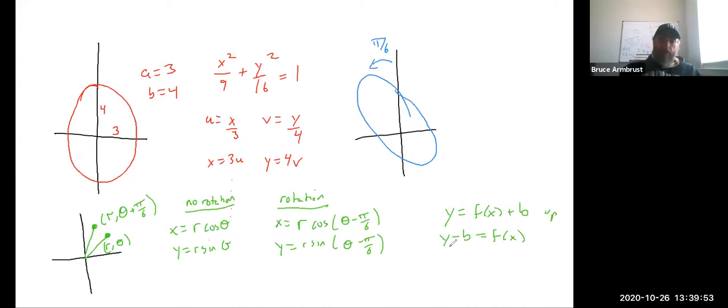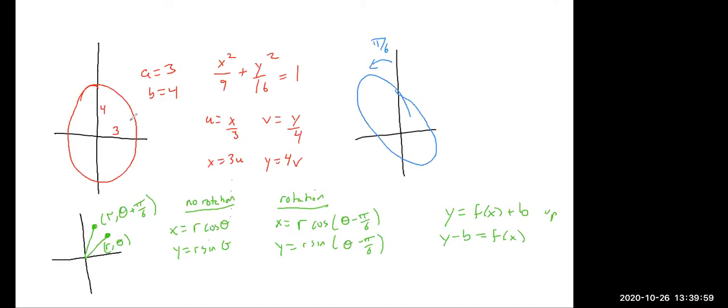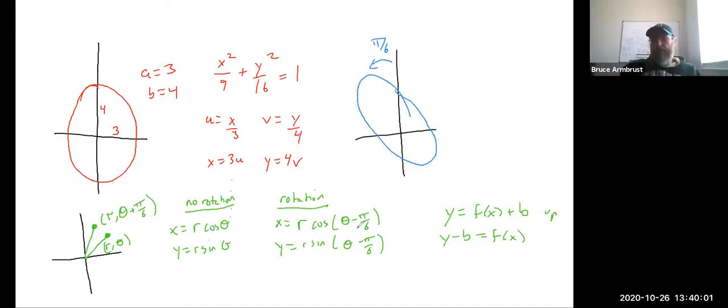It's always the opposite of what you're trying to do. It feels wrong. But Ralph, I think, hit it when he said in the chat, you're trying to bring it back to normal. You're trying to bring this point back to that one so that then we can transform it into the unit circle, right? Think of it as a series of two things. We're rotating it back and then converting to a circle.